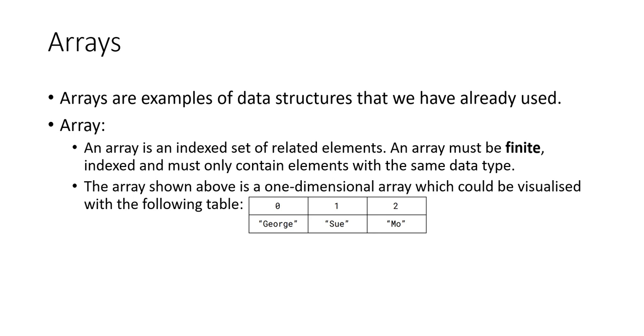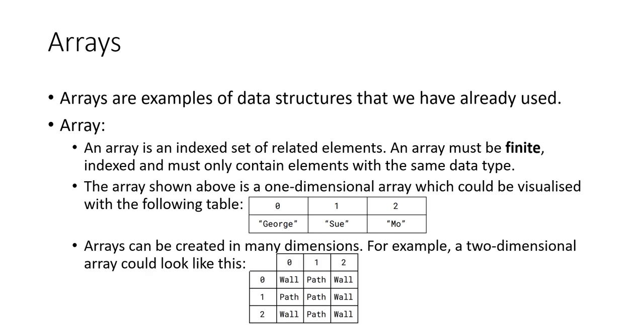And there we have an example of a one-dimensional array visualized. An array of strings where 0 holds the string George, 1 holds the string Sue, and 2 holds the string Mo. And arrays can have many dimensions, and this is a 2-dimensional one. It could be, for example, a maze.